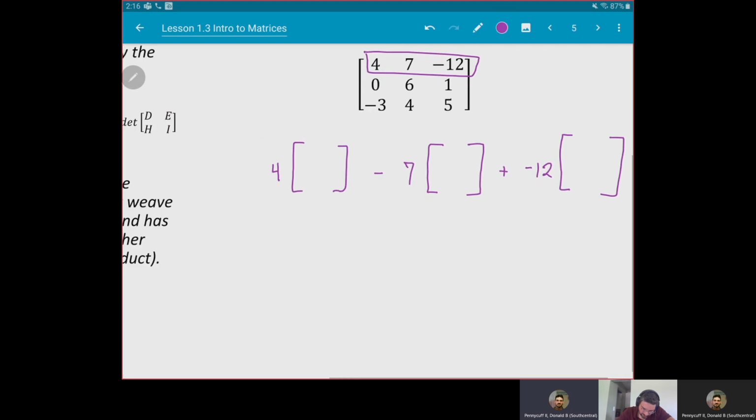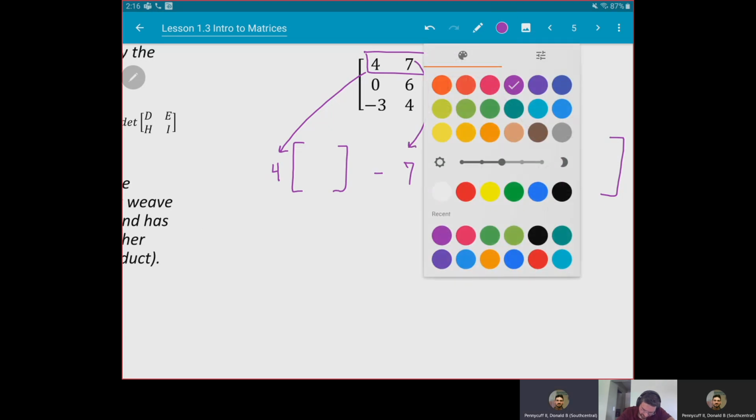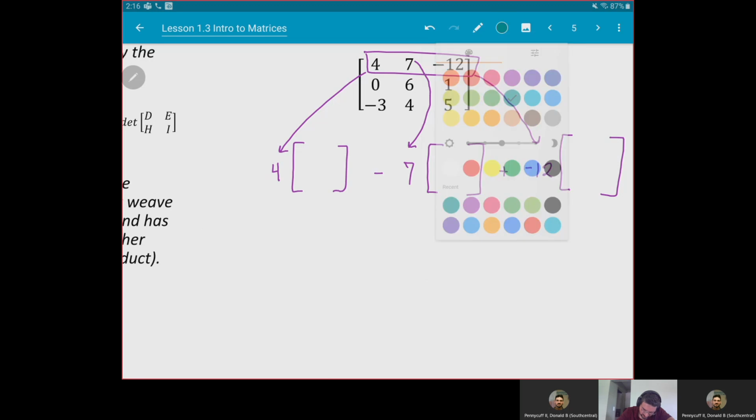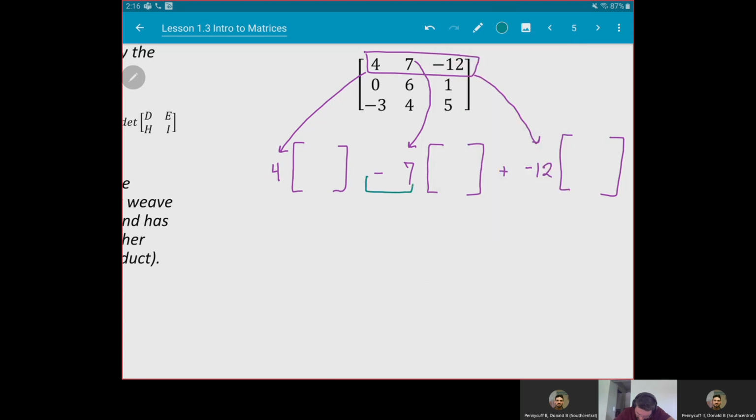Okay, so I do want to say that the negative in the middle is part of the formula.